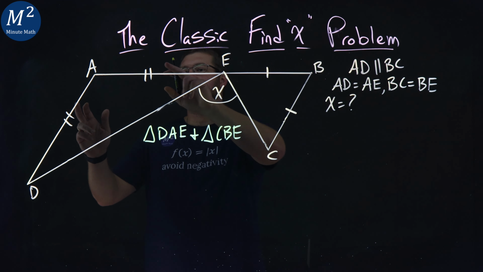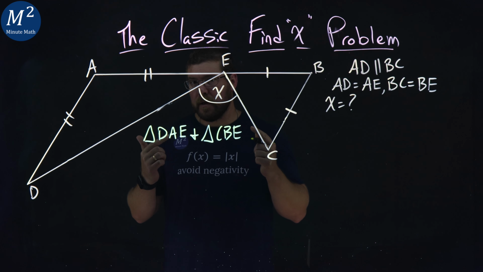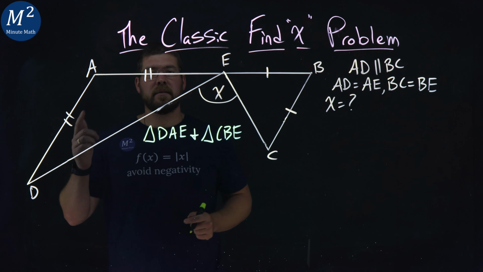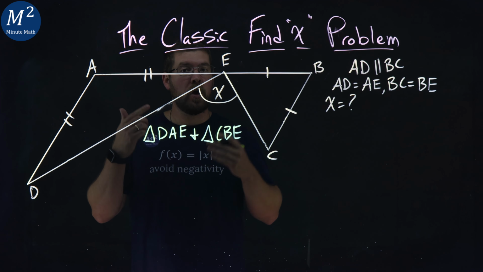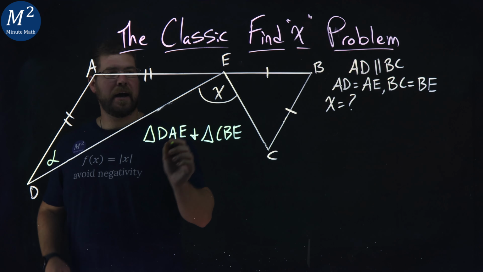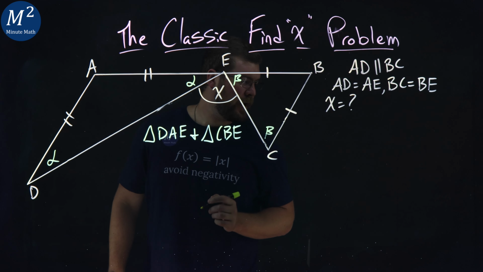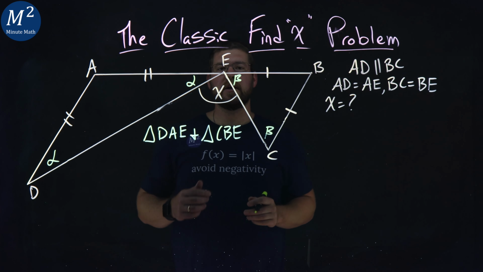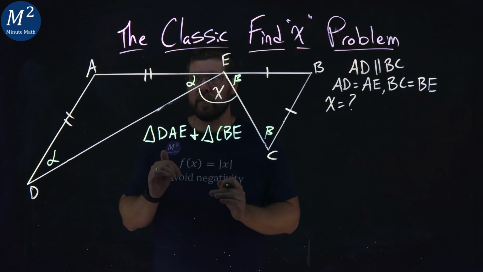They both have two side lengths that are equal, meaning the angles opposite those congruent side lengths are equal. So let's call this one here alpha, and these two beta, okay? So we have two alphas, two betas here, and we know that they are equal.